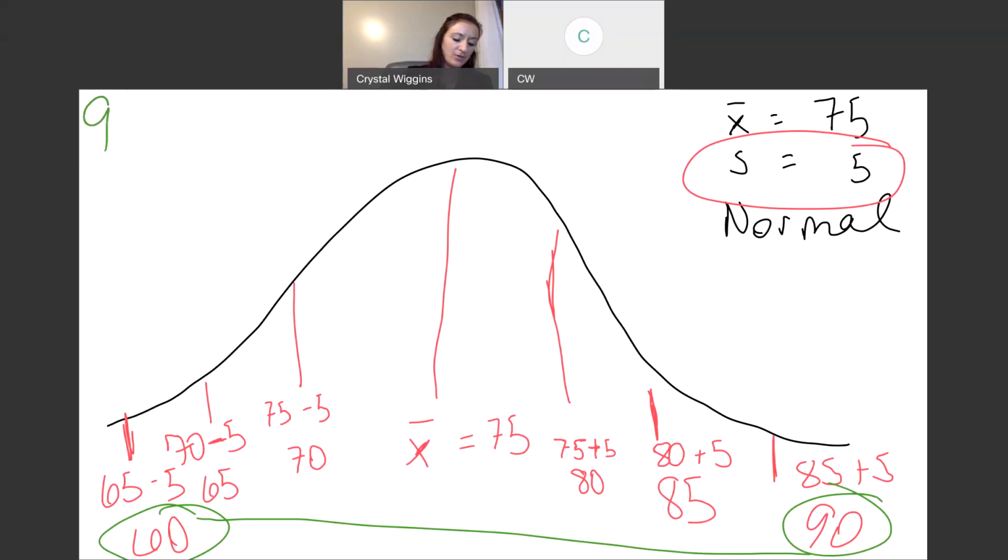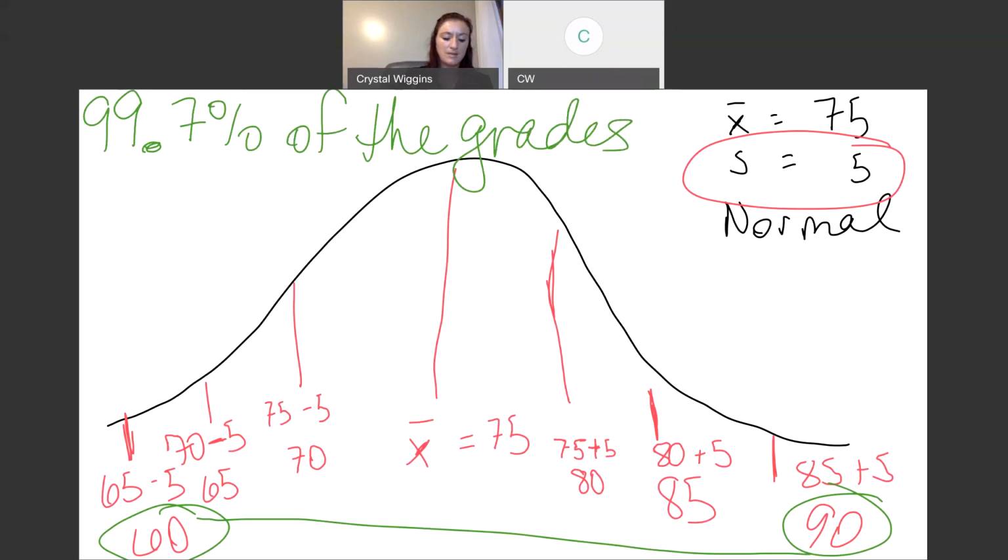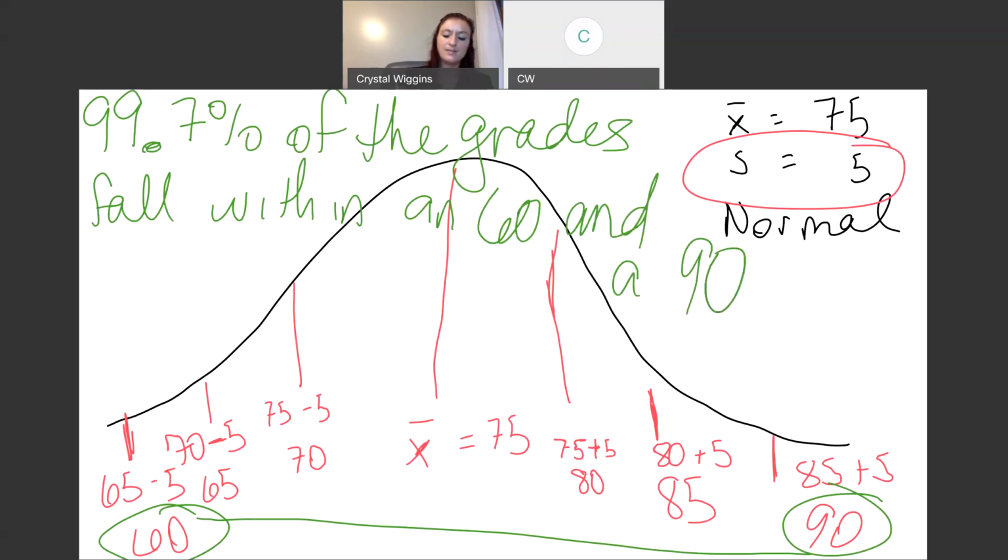So I would be able to conclude that 99.7% of the class, or of the grades, fall within a grade of a 60 and a 90. So almost everyone got between a 60 and a 90 on the exam.